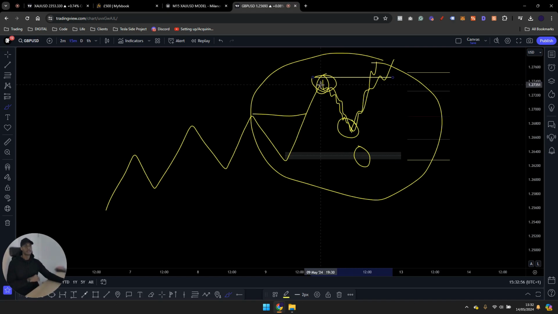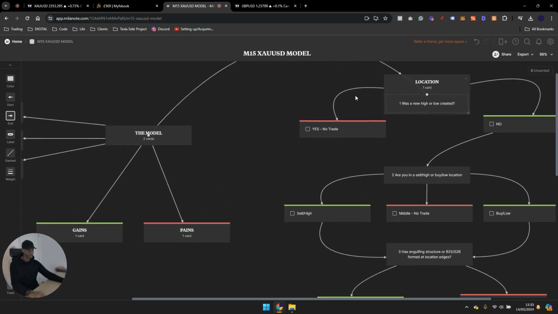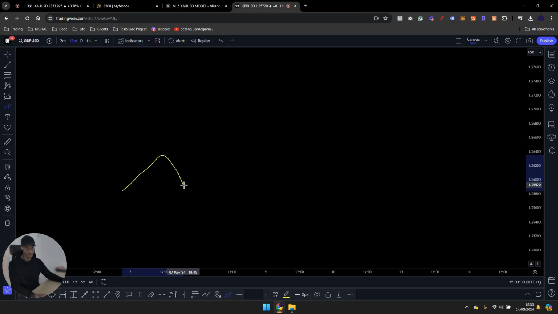Okay? So let's just go back to the model. Location is one that I've done already. And location is basically when the market is simply going sideways, right? So we have to ask ourselves the first question. Was a new high or low created? This is a market condition.